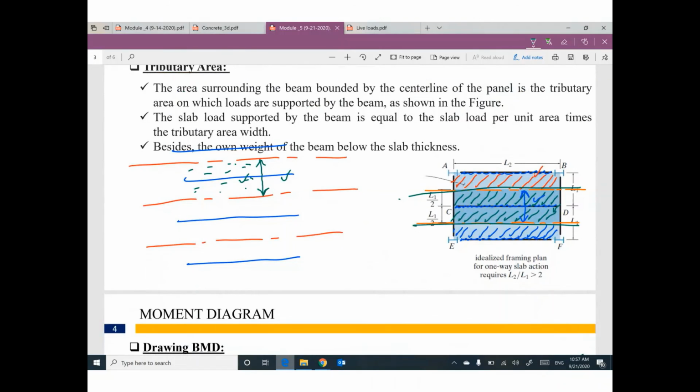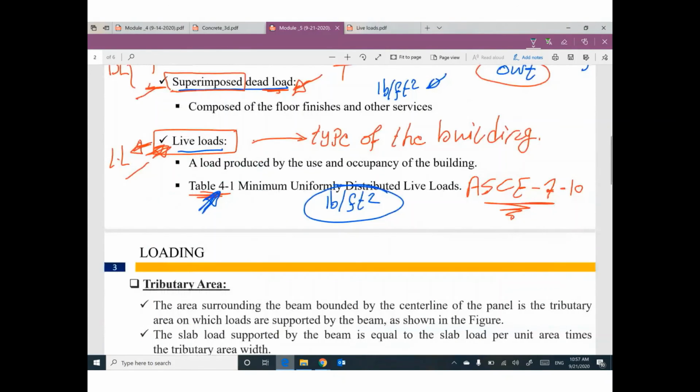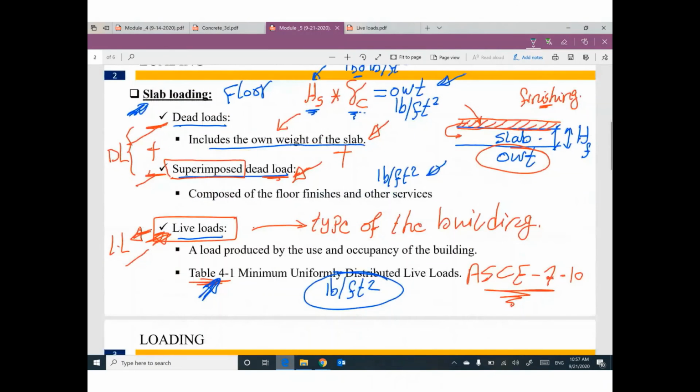Remember, any slab will support three kinds of load. Please put your hand on them before starting any problem. Dead load, which includes own weight of a slab equal to the thickness of this slab in feet times gamma concrete. Superimposed dead load, try to figure it out. It should be given.